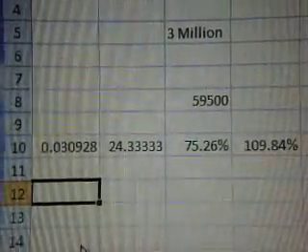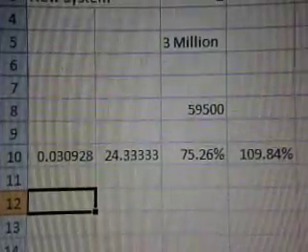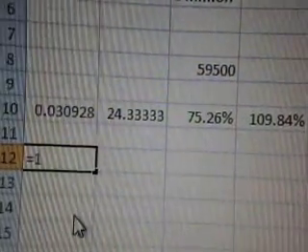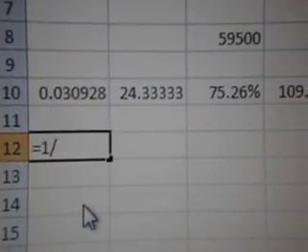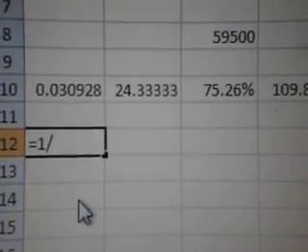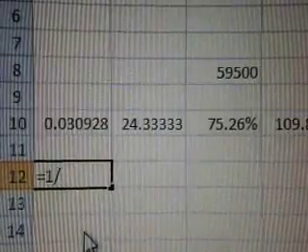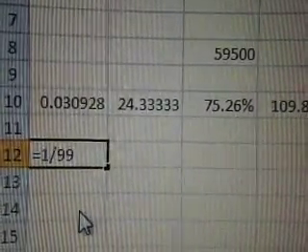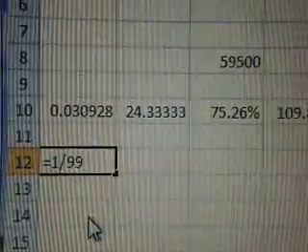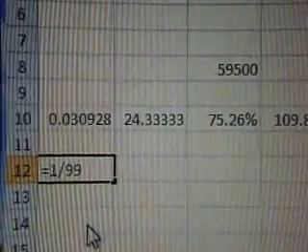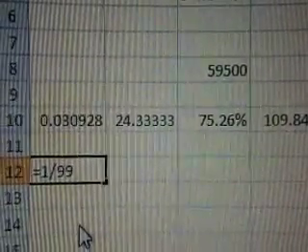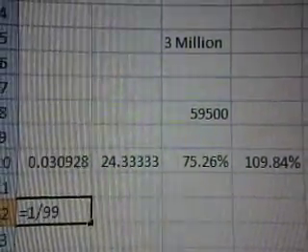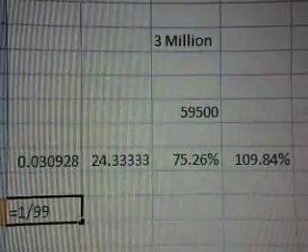So the discount percentage in this example is 1. So let's start with 1, and 1 divided by 100 minus discount percentage. That will be how much? 100 minus 1, and that is 99. That is wonderful. Okay. You'll make errors here and there, and then you will correct, and you should be okay after that. Okay. So that is where we are with the first part of the formula.